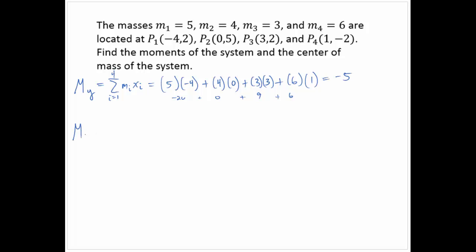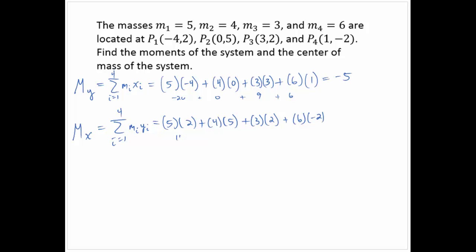Similarly, let's find m sub x. And so that would be sigma i equals 1 to 4 of m sub i, y sub i. And so that would be 5 times 2 plus 4 times 5 plus 3 times 2 plus 6 times -2.